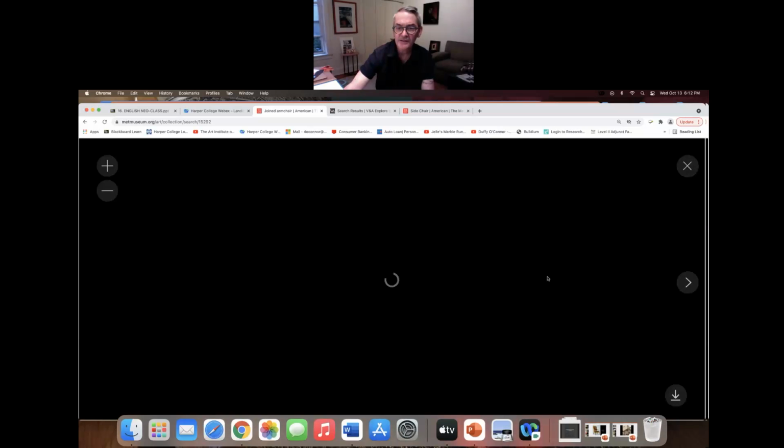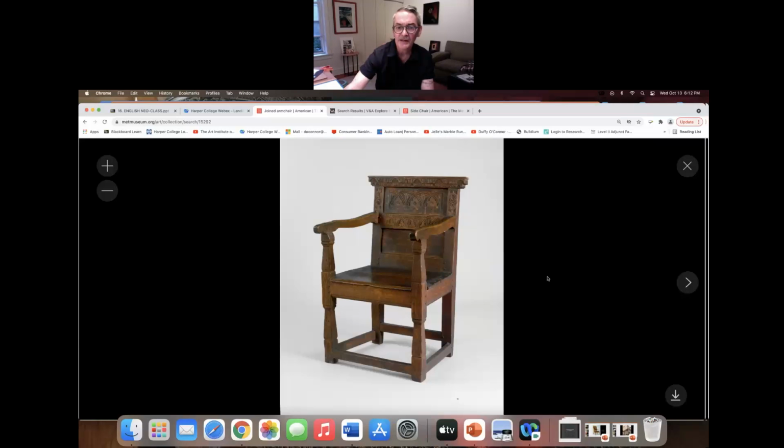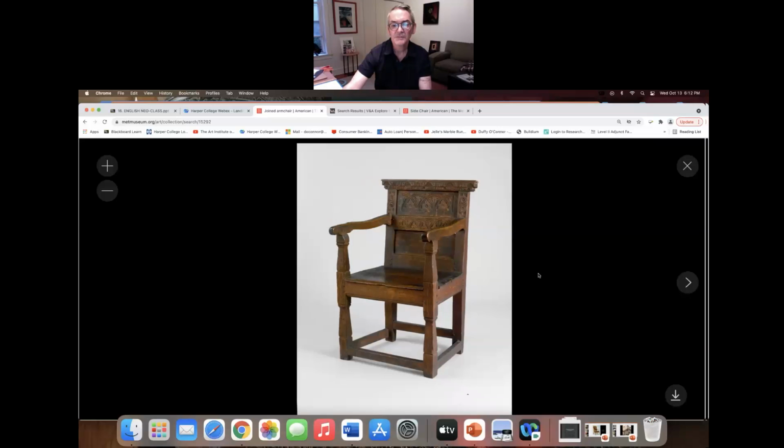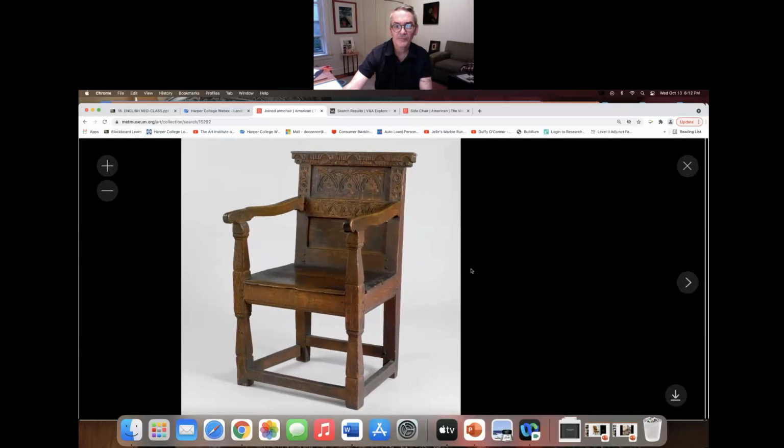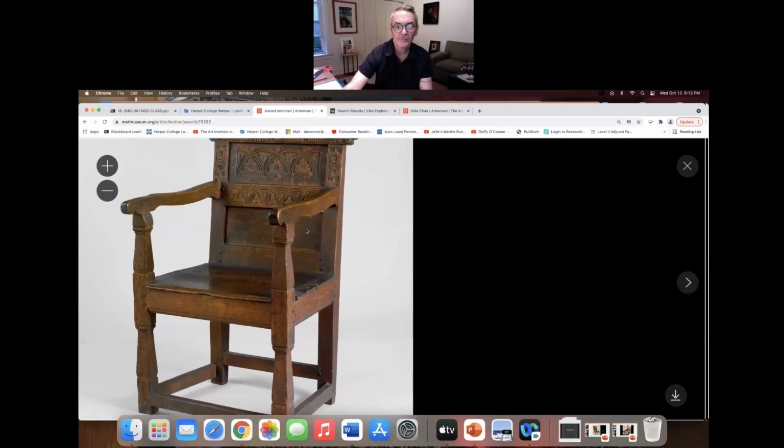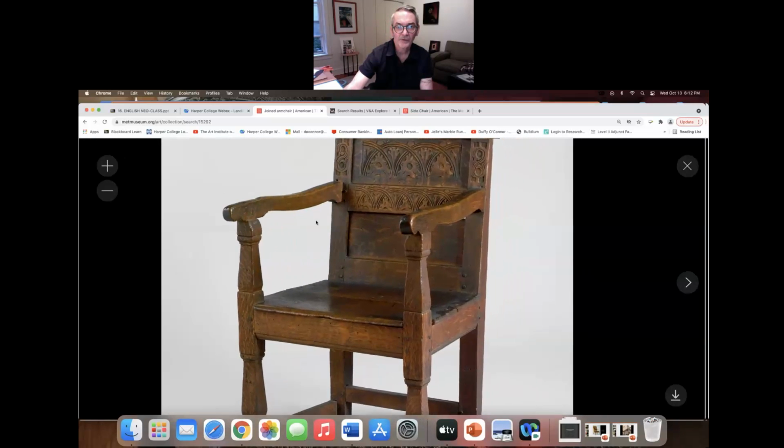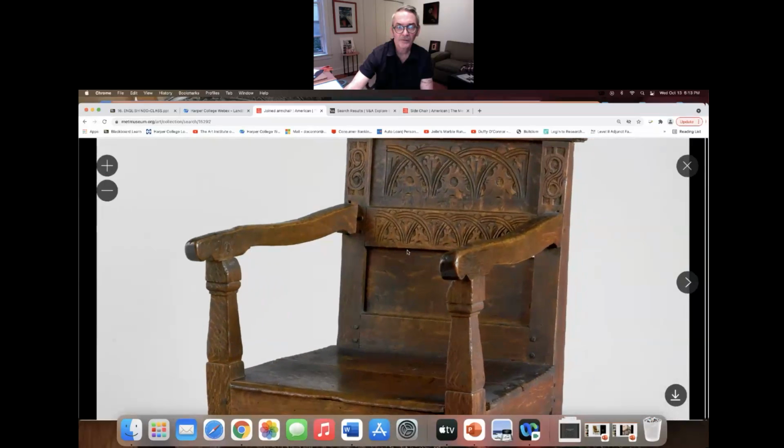So let's make that picture bigger, and you get some idea of the simplicity. You can see relatively simple cut shapes of wood, and the ornament is interesting, not incredibly elaborate.